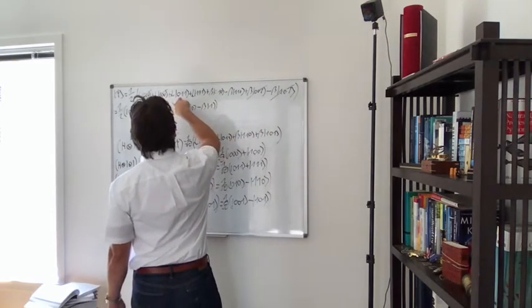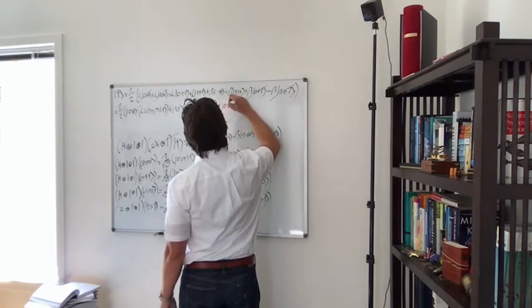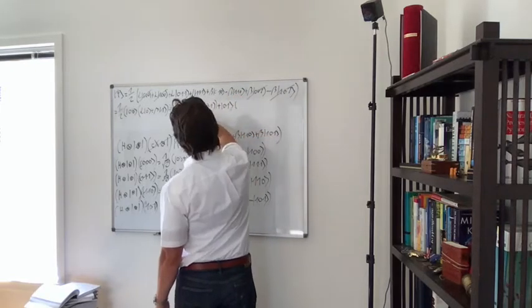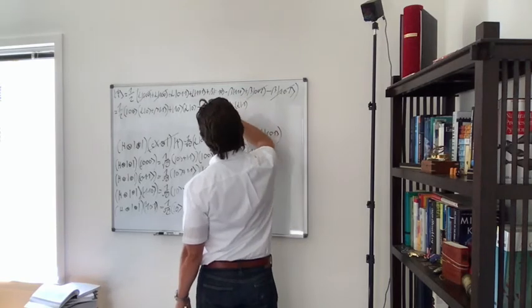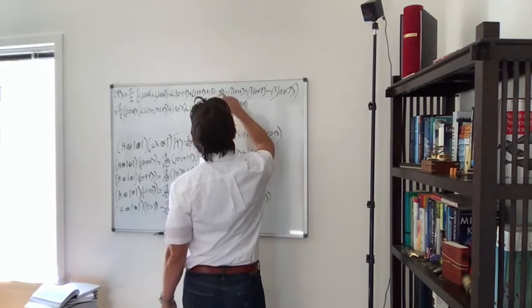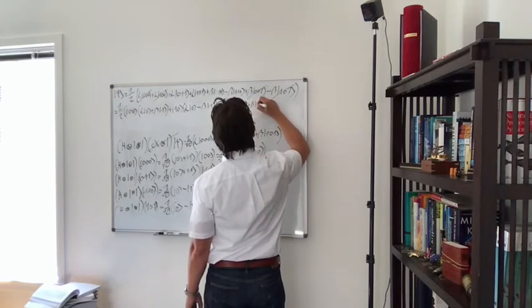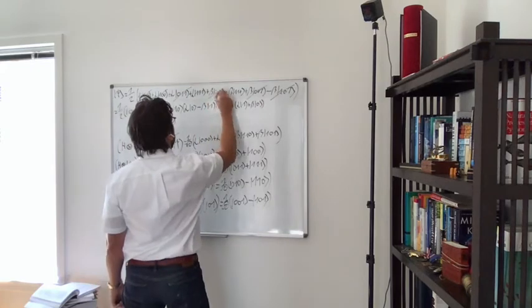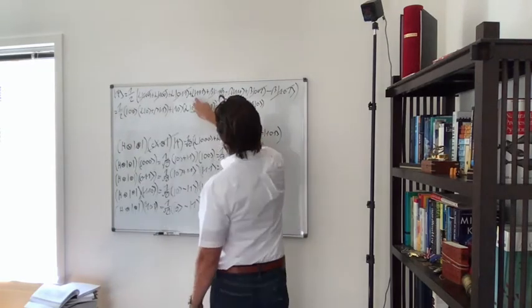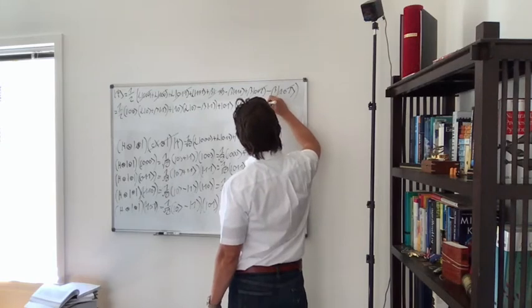Next one is we look at 0, 1. So we have 0, 1 with the amplitude alpha for 1 and the amplitude beta for 0. So we have these two out. Leaves us with these two here. We have plus 1, 1.